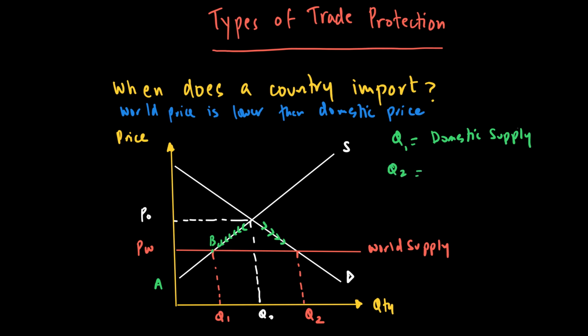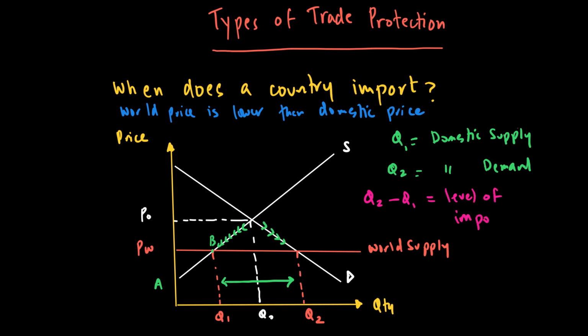Q2 is our domestic demand, and therefore the gap Q2 minus Q1 is what we call our level of imports.